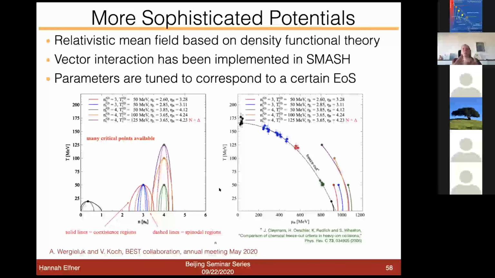If you then build a hybrid approach based on this, your hadronic transport approach knows about that equation of state, and that there was a critical point somewhere in the calculation. She has been working on the vector interaction in this mean field approach to tune it to get different structures in the phase diagram, so you get different dynamics based on these different mean field parameters.